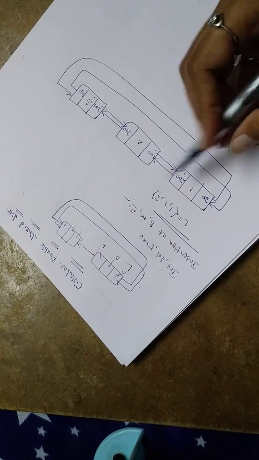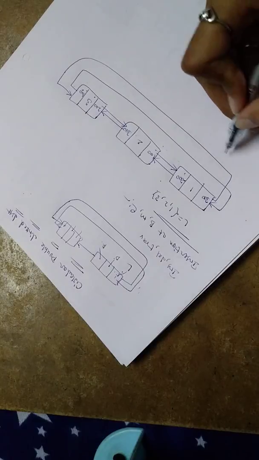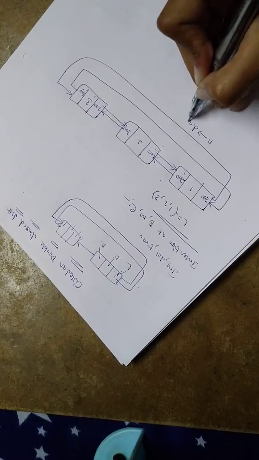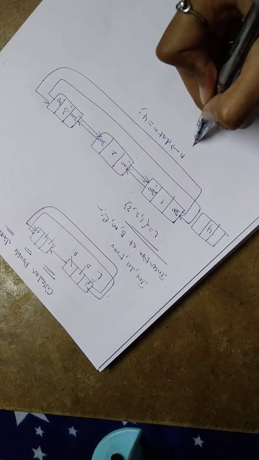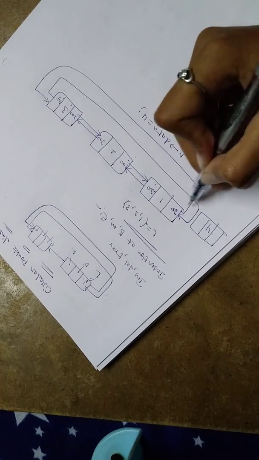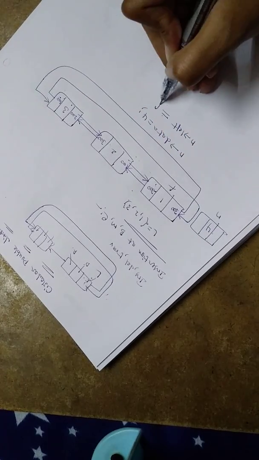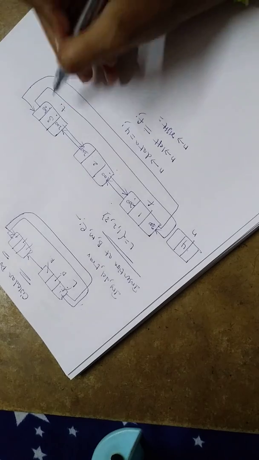Now creation of a new node and inserting at the beginning. So n data equal to 4. We're going to insert over here. So n left should be equal to this f and n right should be equal to, let's name it as t.